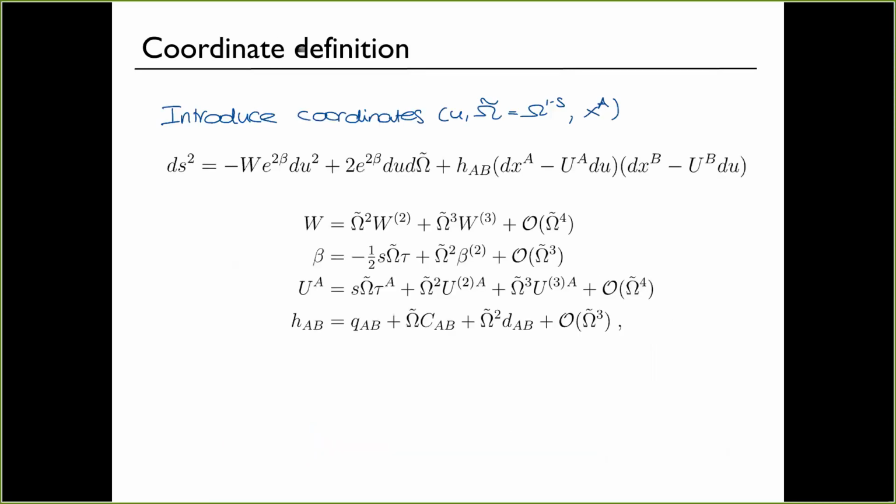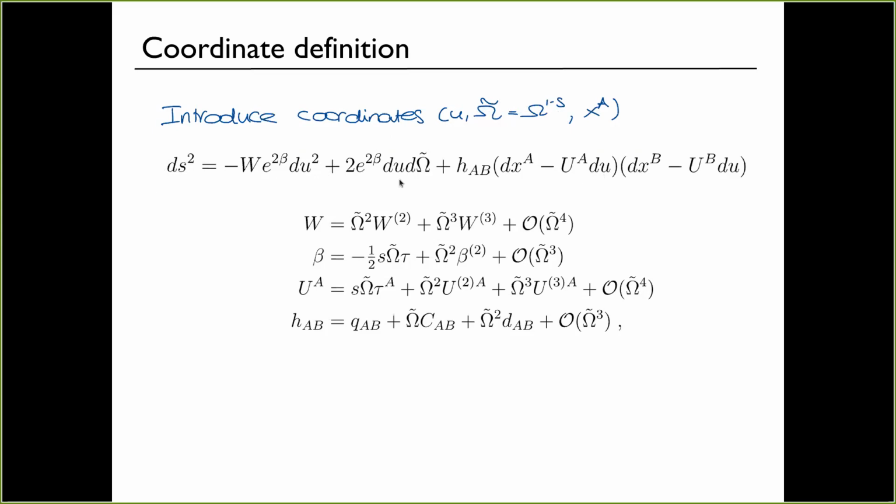So as I said, we also did a coordinate definition. If you like the coordinate definition better, you could introduce coordinates. So if you do that for the conformally completed spacetime, where of course omega is not a coordinate, but omega tilde, which is just omega to the power 1 minus s, just a shorthand, because we know that this is smooth and your coordinates should be smooth.